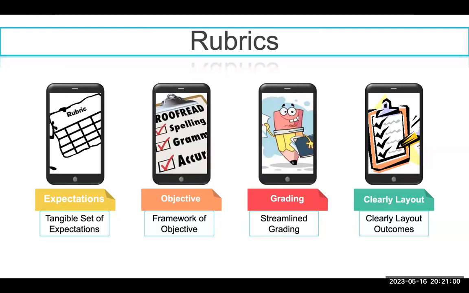So it's pretty easy and understandable. It can be in the form of tables, or in the form of objectives. You have to set the objective, then what kind of grading and what percentage you're going to give inside the grading, and at the end clearly lay out all these combined, which represents the rubric.